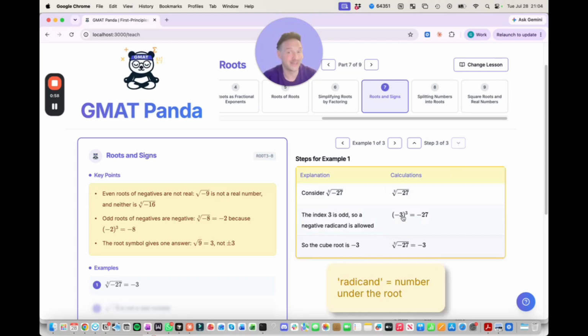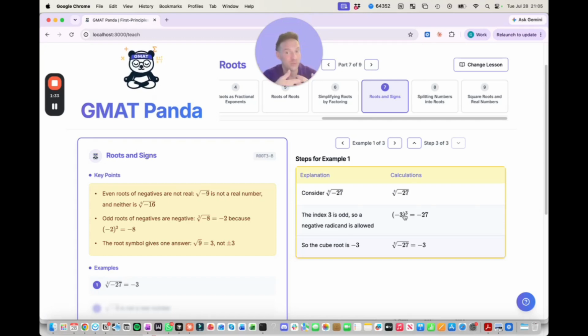And why is that the case? Because, well, you can think about it without the signs first of all. 3 to the power of 3 is 3 times 3, 9, times 3 again gives you 27. So cubic root of 27 would just be 3. But if you have a negative sign, minus 3 times minus 3 is going to become plus 9. And times that by minus 3 again, it becomes negative again, minus 27.